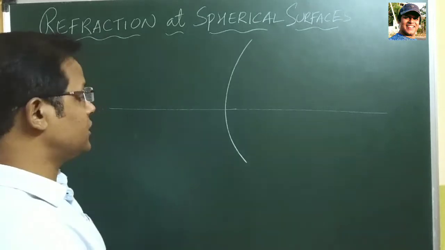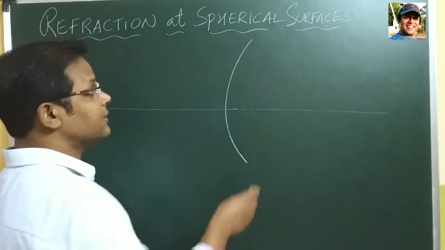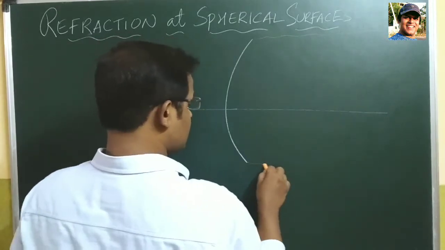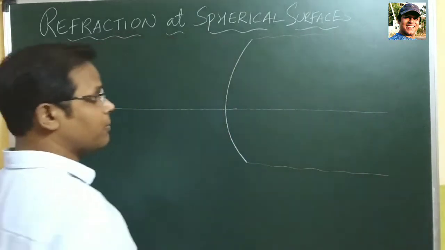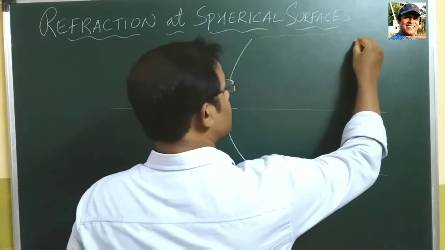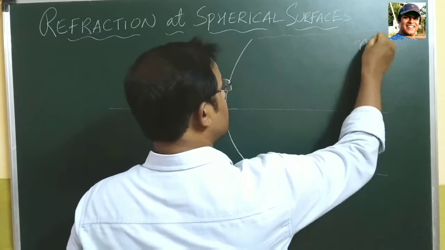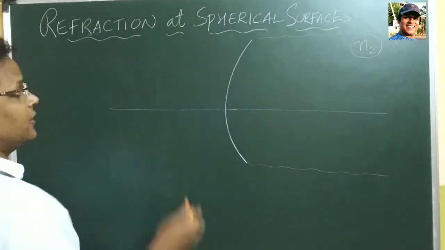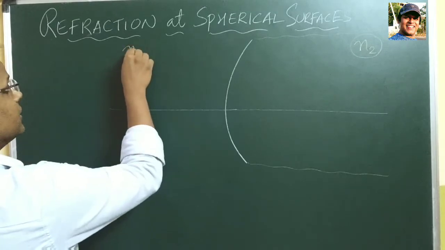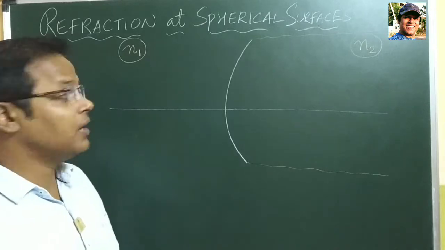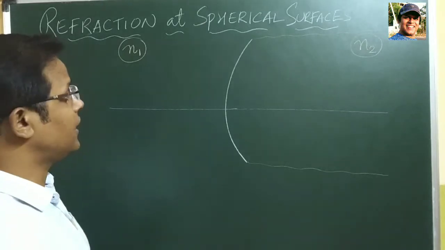The region behind this spherical surface is completely made up of a different transparent medium. Let us take the refractive index of this medium as N2, and just in front of it, a very different transparent medium with refractive index N1.